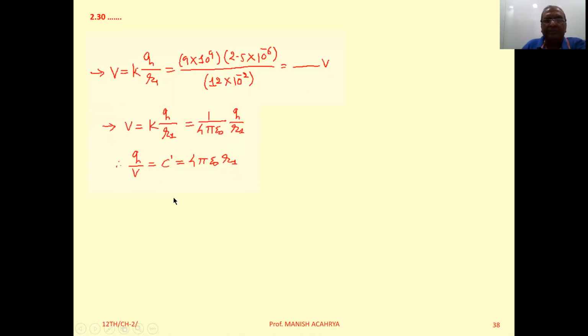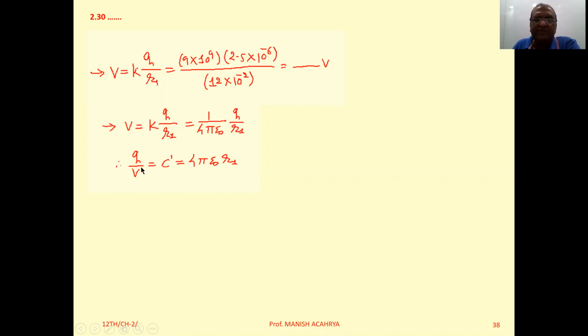Now we have the potential for the inner one, that is KQ upon R1. K is 1 upon 4 pi epsilon 0, into Q by R1.